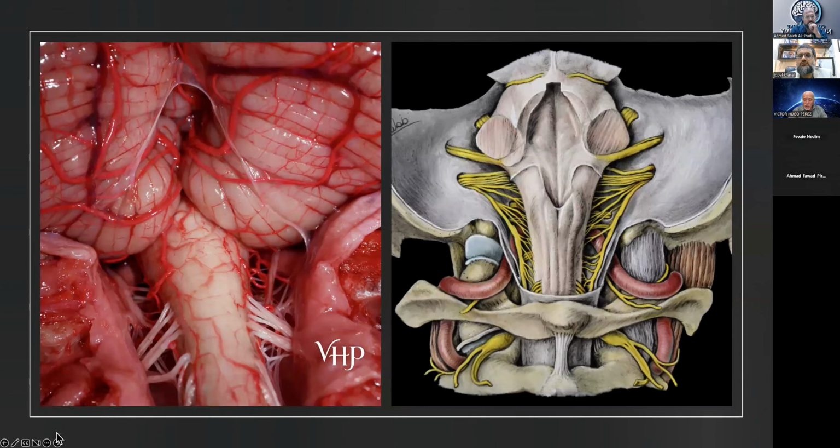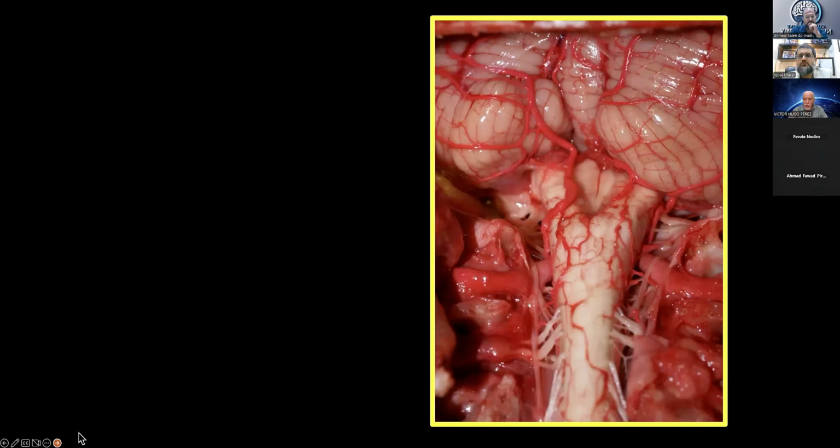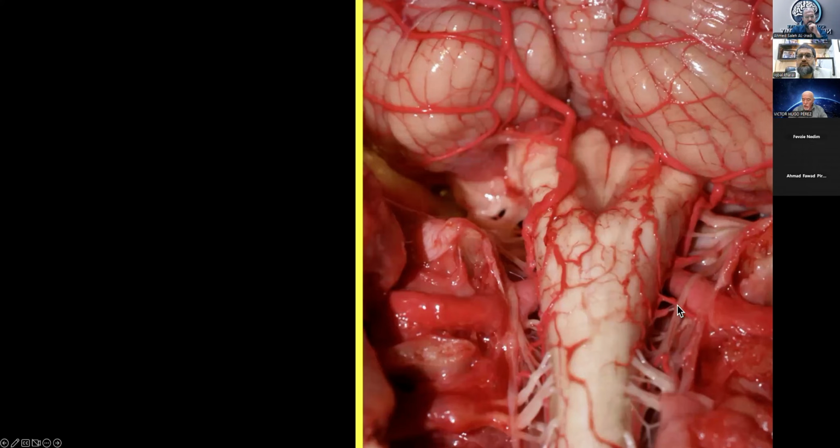Doing some dissection in this region, we can see other features, specifically the entering of the vertebral arteries into the cranial cavity, and this is the atlas and the vertebral artery here.